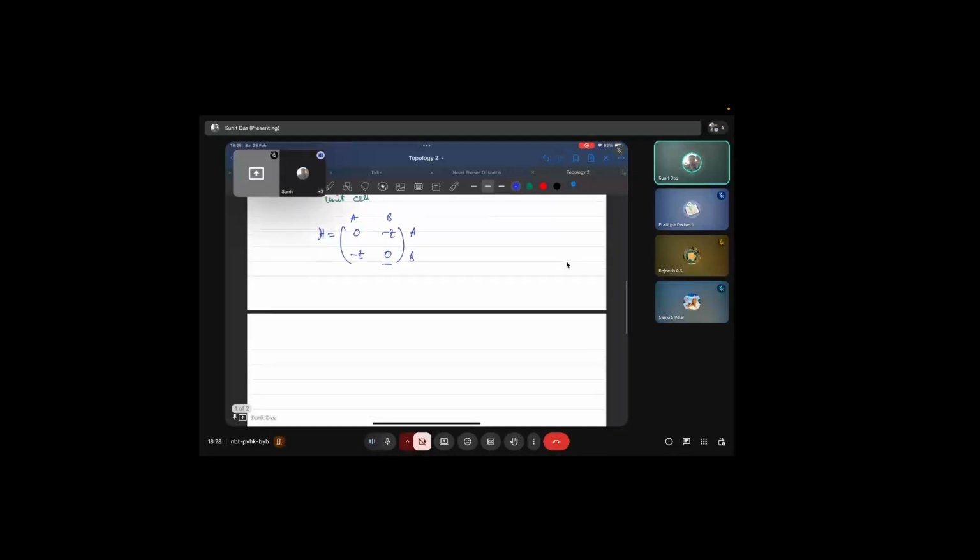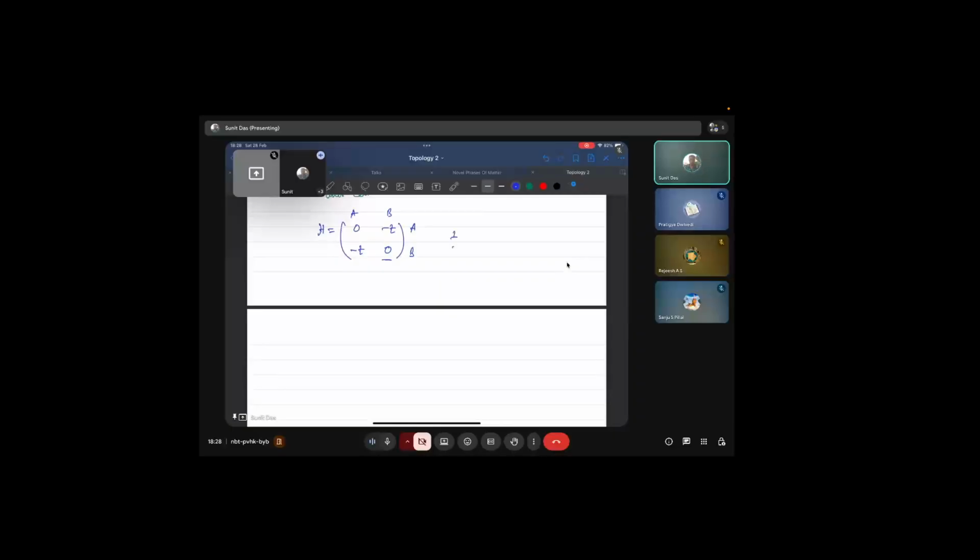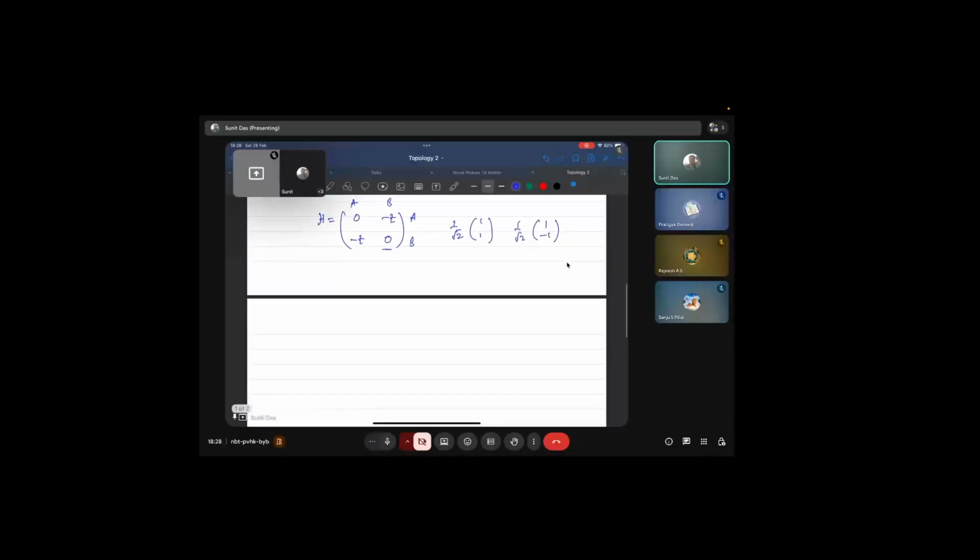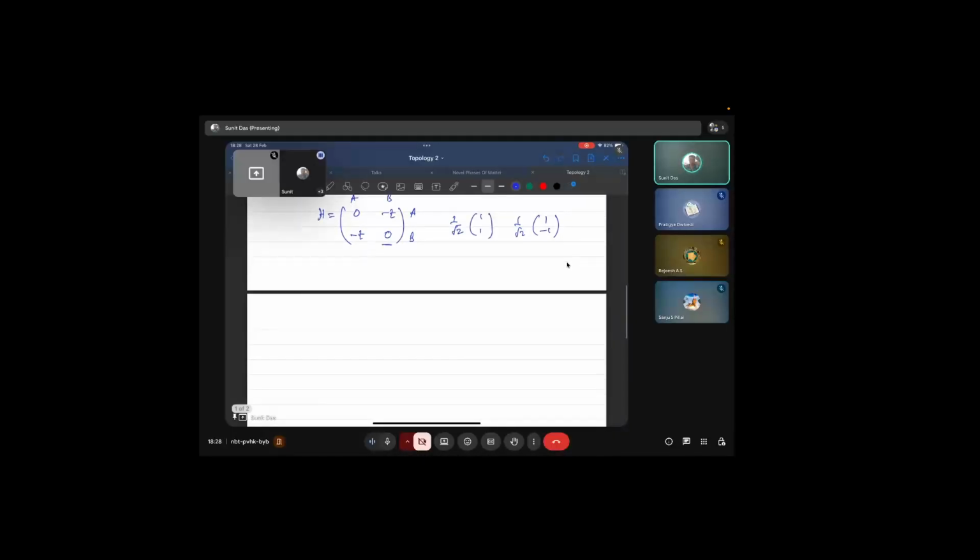And if you solve this Hamiltonian, what will be the eigenstate? The eigenstates will be 1 by root 2, (1, 1), and 1 by root 2, (1, minus 1), right? Once you solve this, this will be the bonding orbital with energy, let's say, minus T, and this will be the anti-bonding orbital.